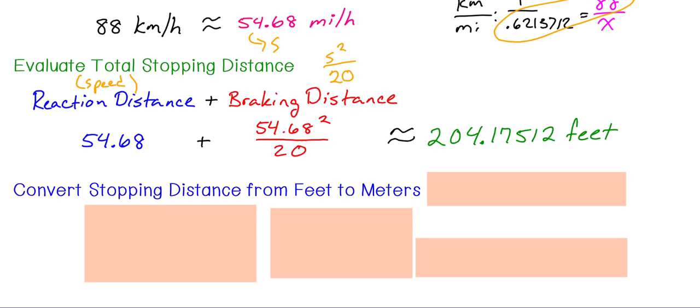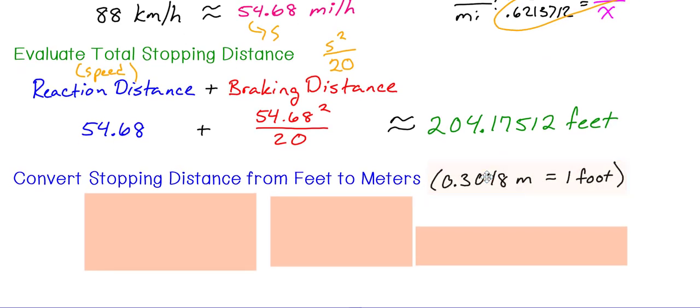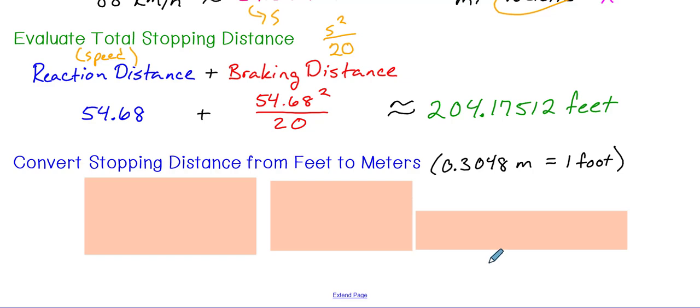now that we've got our result, we would use the conversion of 0.3048 meters per foot. Okay, you could also use this as a proportion if you want. You could say meters to feet, which would be 0.3048 divided by 1.